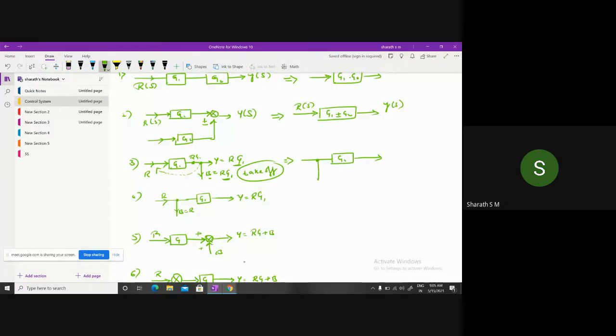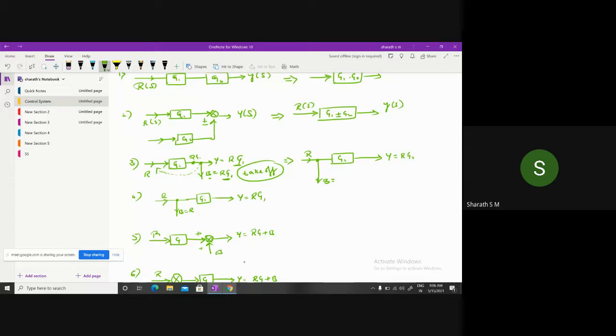Here we have just a takeoff point, that is B is equal to, here we have an input only as R. Now here we have an output as Y is equal to R into G1.